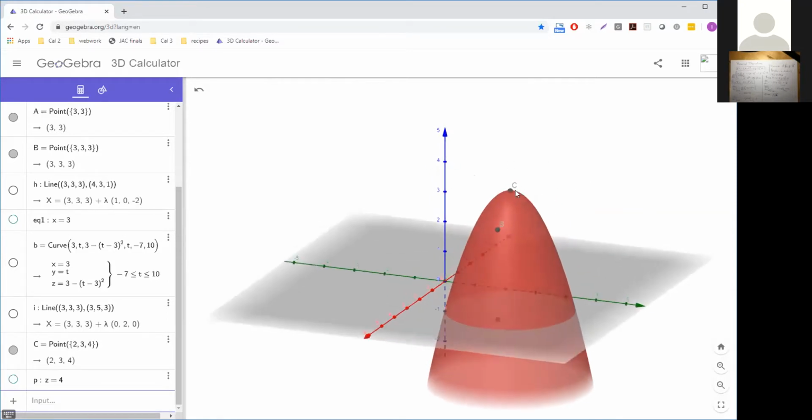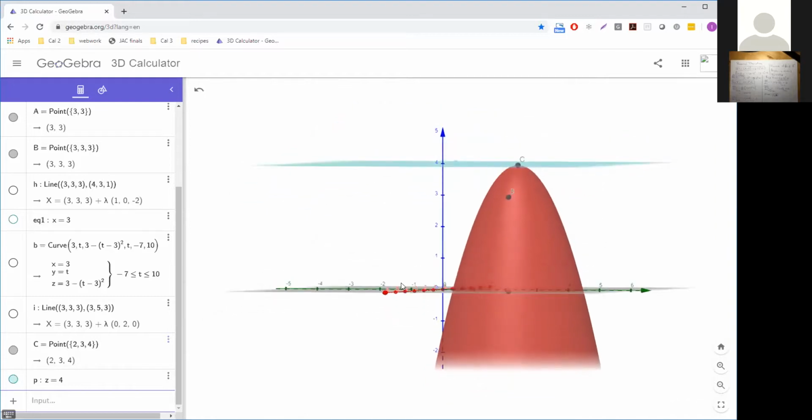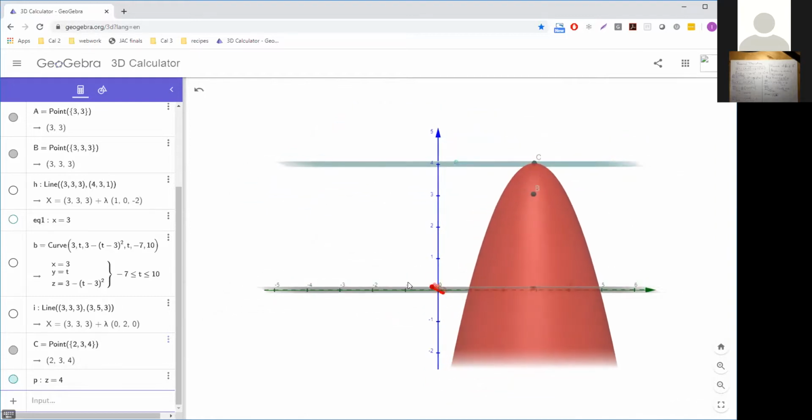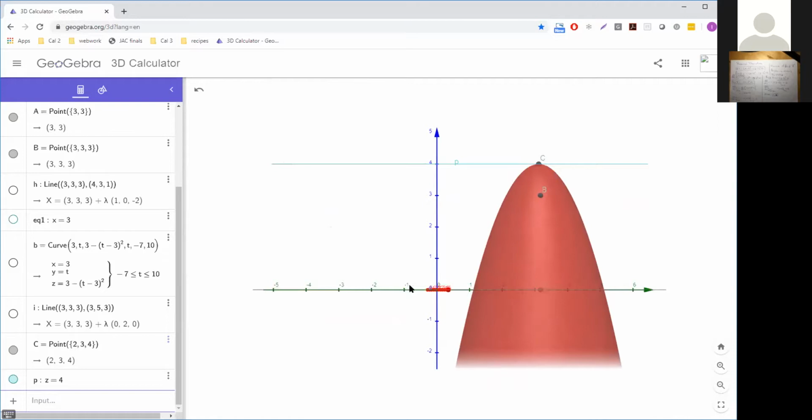So at the point C, the tangent plane will be horizontal, so Z is equal to 4, like this. Because I have a maximum here, the tangent plane to the surface at the point where the surface reaches a maximum or minimum is going to be horizontal.